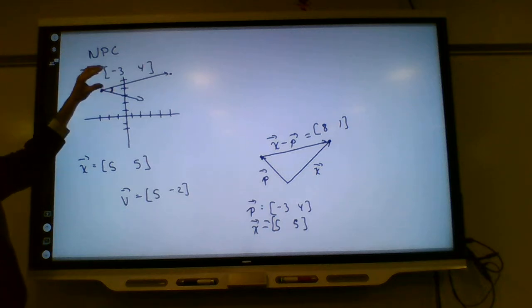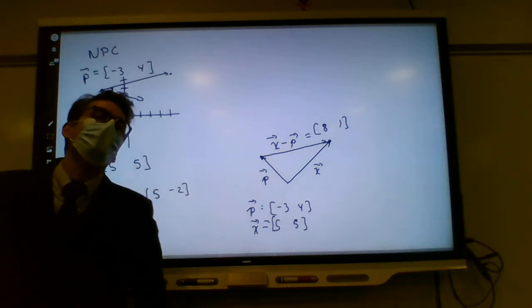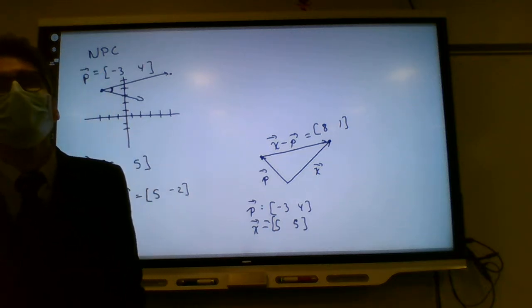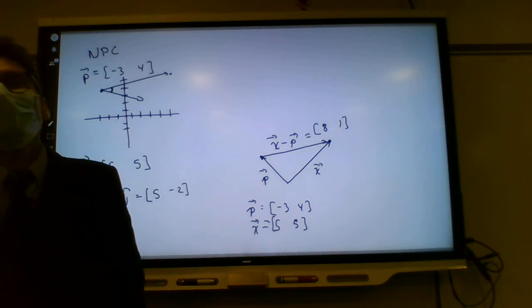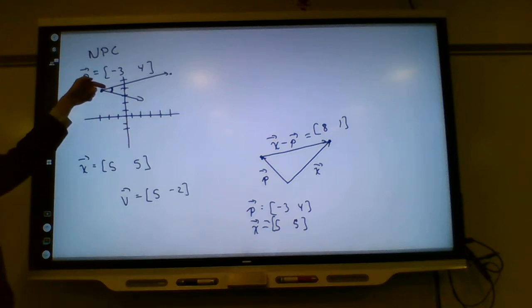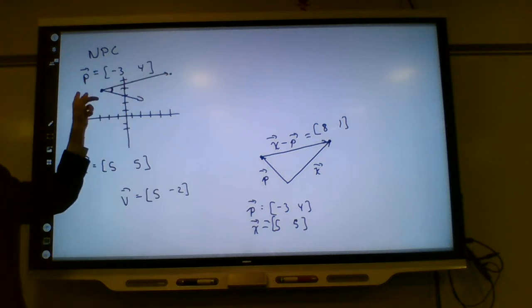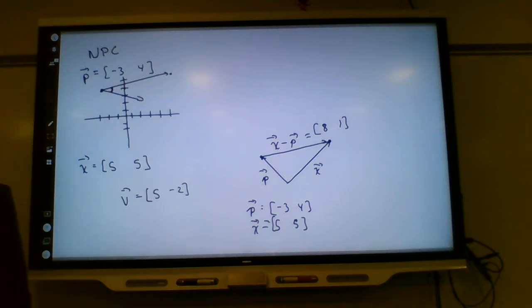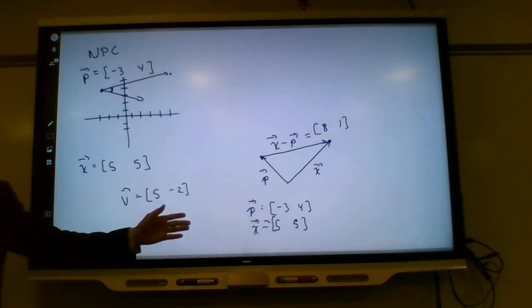What kind of angle puts the point in front of the character? An acute angle, right?